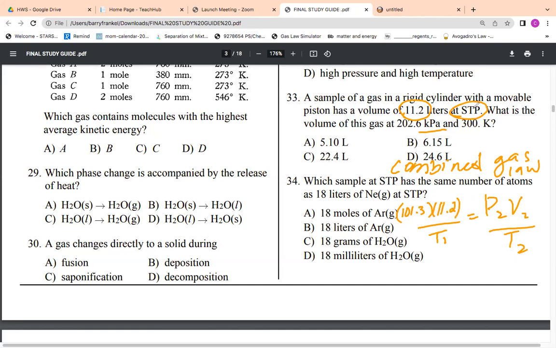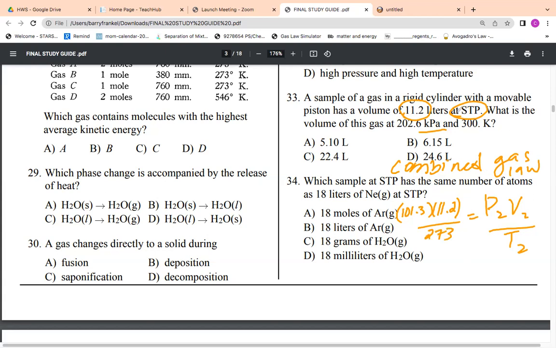And my initial temperature is standard temperature, and that is 273 K. Remember, when you're dealing with the gas laws, all your temperatures have to be in Kelvin, because the relationships are based on the Kelvin temperature. So that is 273 K.